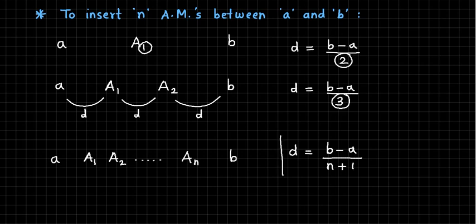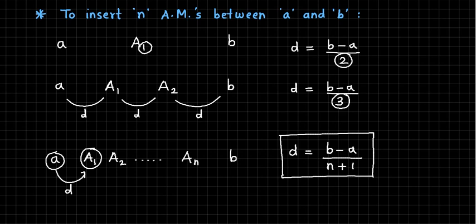So that is a formula to first calculate the common difference. And once we know the common difference, we simply add that to the first given number a. Once we add d to a, we get the first mean a1. Now to that you add d once again, so that you will get a2 and so on till you get the final required arithmetic mean.